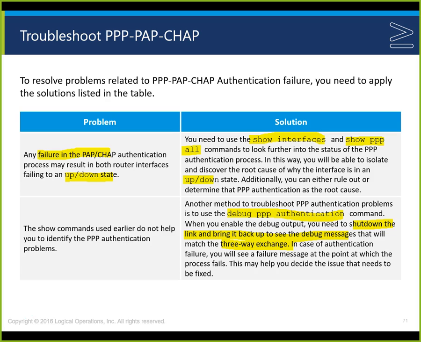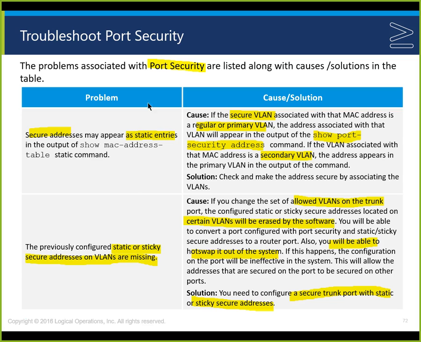You can overload not only your own senses, but you can overload the devices themselves if you try to debug too many things. So shut down the link and bring it back up to see the debug message, to see the three-way exchange, to see that you're actually getting the exchange for the authentication protocol.